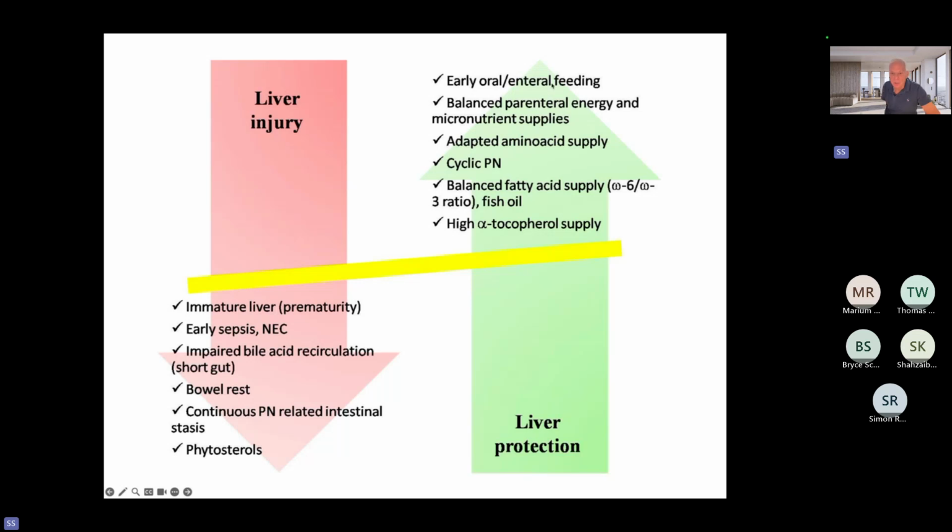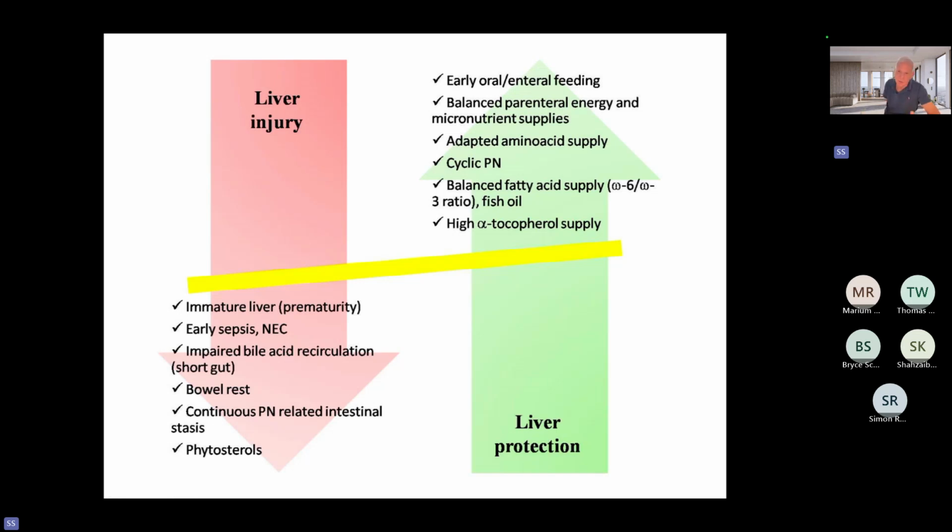Early oral or enteral feedings. A balance of appropriate nutrients. A balance of amino acids. How are we adjusting our amino acid supply to allow for not only normal nutrition, but bile acid conjugation and the use of bile acids that may avoid liver metabolism? There are certain classifications of amino acids which don't require liver metabolism.